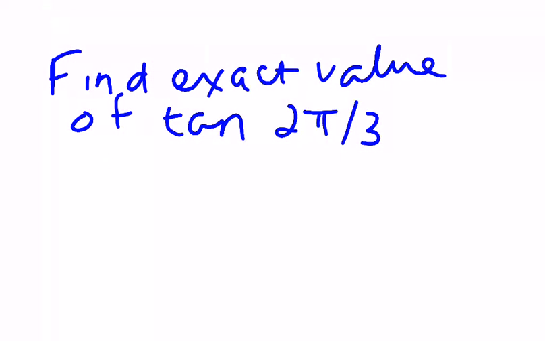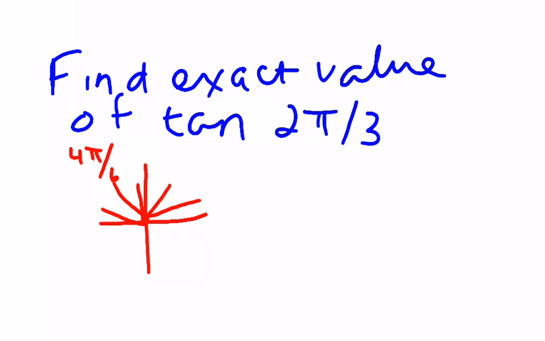And so in our quadrant, we know that we'd have pi over 6, 2 pi over 6, 3 pi over 6, 4 pi over 6, 5 pi over 6, and so on. But if I reduce this 4 pi over 6, that becomes 2 pi over 3.